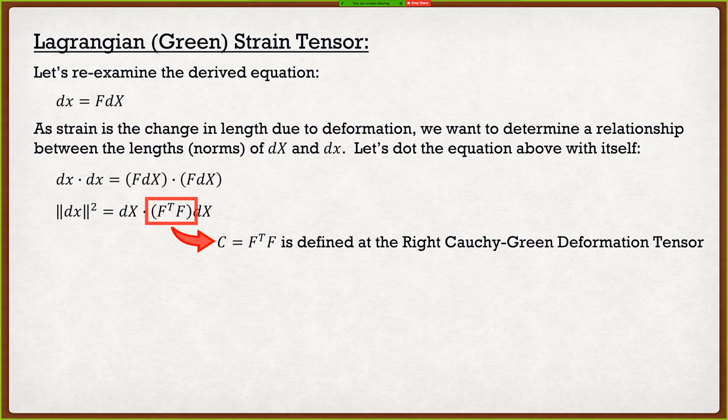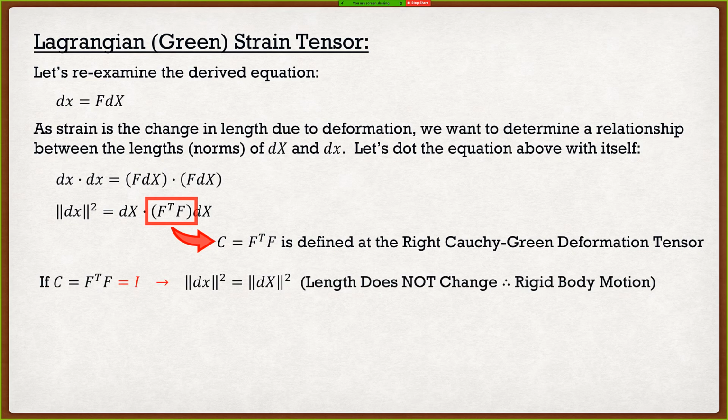So now I'm just going to assume something. You guys know how much fun it is to assume something. So let's just say, it's not always the case, but C, which is equal to F transpose F, is equal to the identity matrix. Well, then we just have dX dotted with dX, which is just the norm of dX squared.